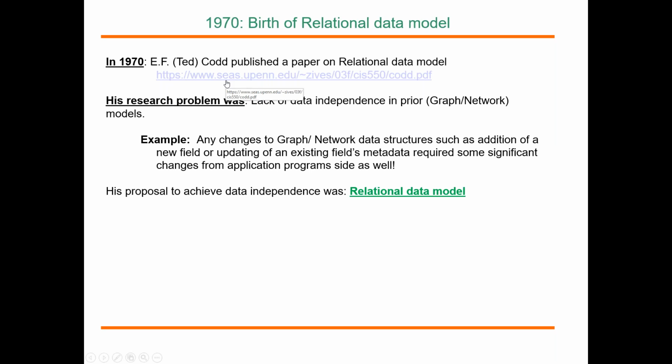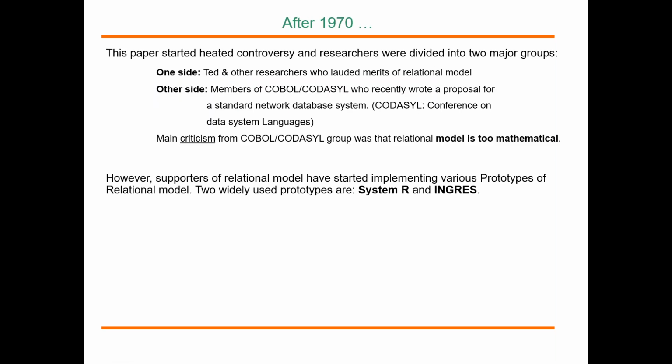He spoke at a very high level and never talked about the implementation side. So successive efforts started implementing the relational model. Two widely used prototypes that came out of the 1970 paper are System R and Ingres.